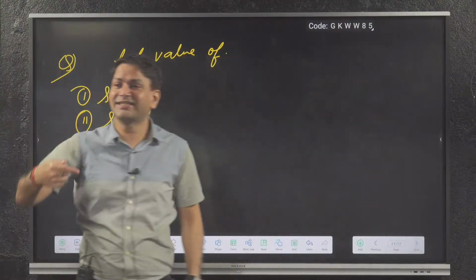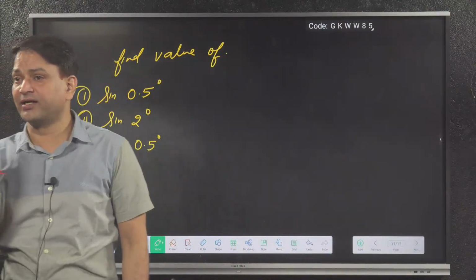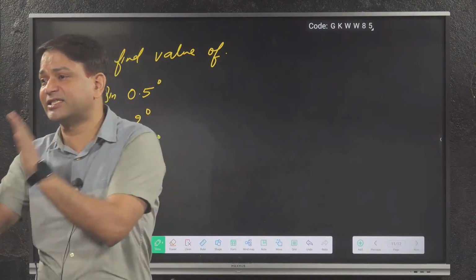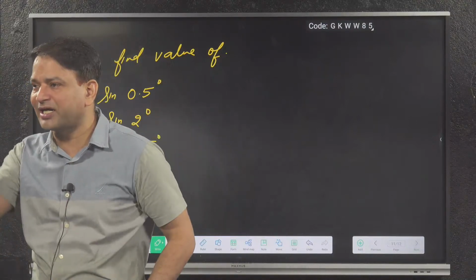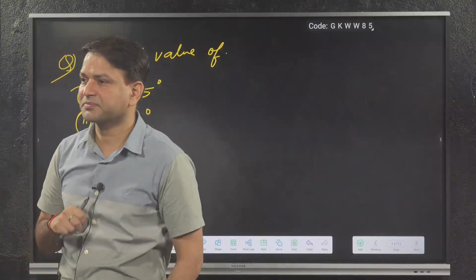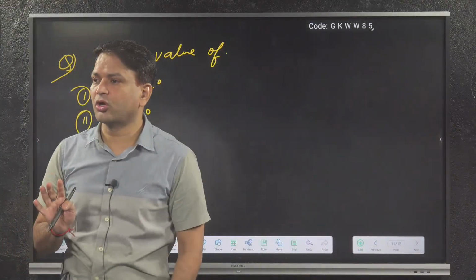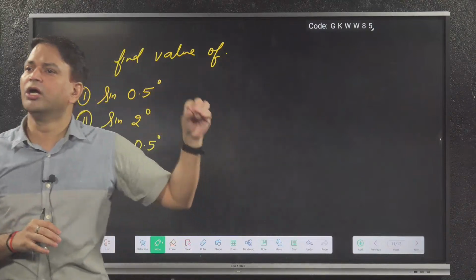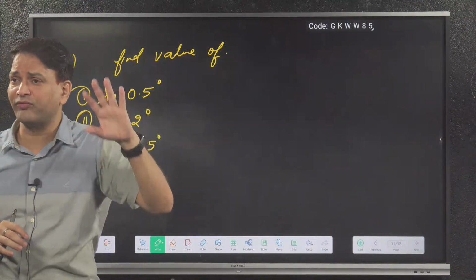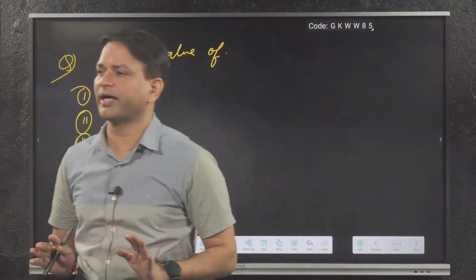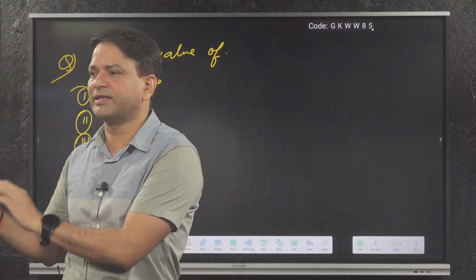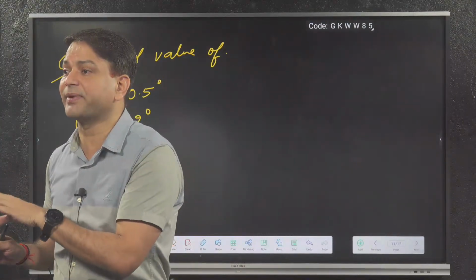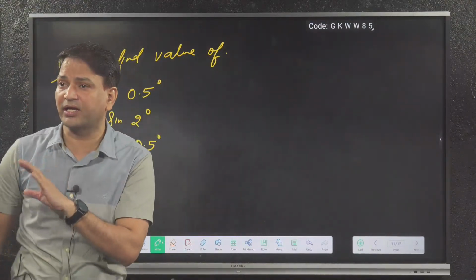So how can you write 2 degree? When you write sine theta is equal to theta, that theta is not degree, it is radian. Because here theta is small: 0.5 degree is small, 2 degree is small. These are small angles. For a small angle, sine theta is equal to theta, but that theta must be in radian.